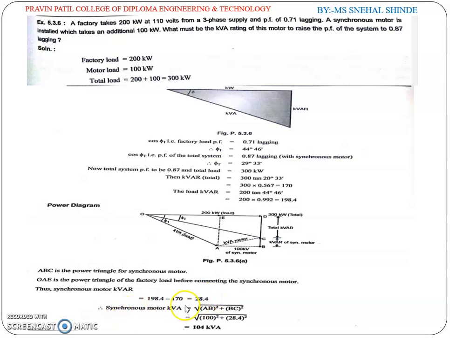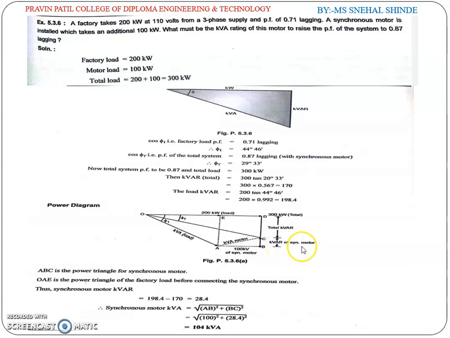Therefore the synchronous motor kVA equal to the root of AB square plus BC square, 100 square plus 28.4 square, equal to 104.